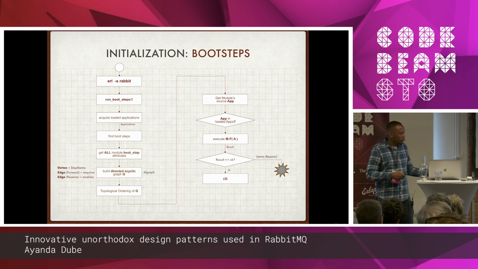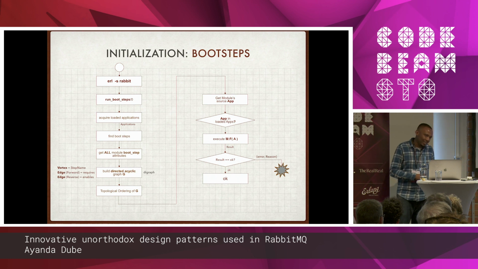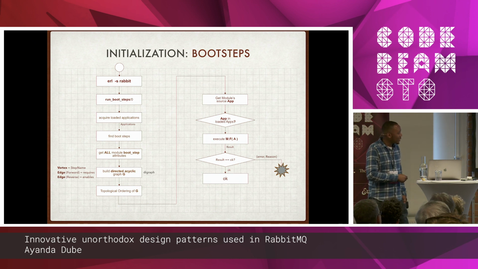And then once all those have been acquired, what Rabbit does, it builds a directed, how do you pronounce it? Acyclic graph, sorry about that. And then from that graph, it will create edges based on the dependencies, and then build a topological ordering of the graph, and then convert that to a list.